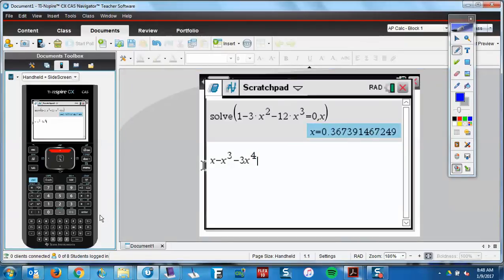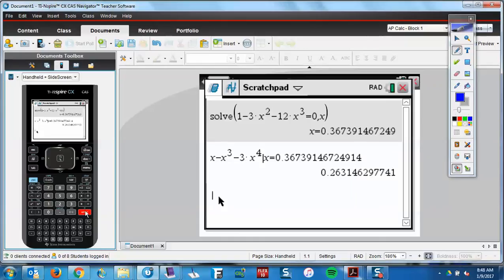Then I can change that to x equals 1, x equals 0, whatever I want. I can just keep plugging this value into that original function. It's not a solve. When I'm setting it equal to 0, I'm solving. This is just plugging in those values. 0.263.